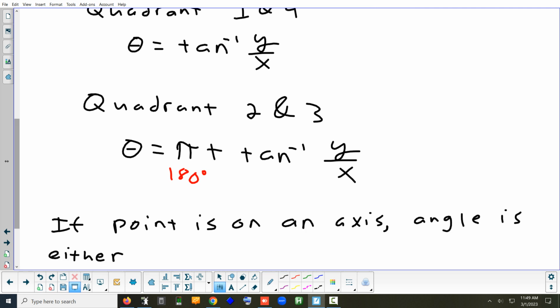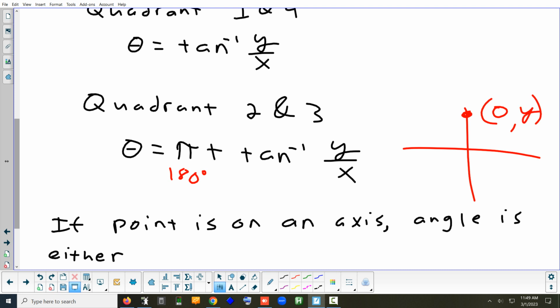Now, if a point is on the axis, you can't really do inverse tangent y over x, because think about a point like this. What's the x value of that coordinate? 0. And the y value? Well, we don't know what it is. It's something.